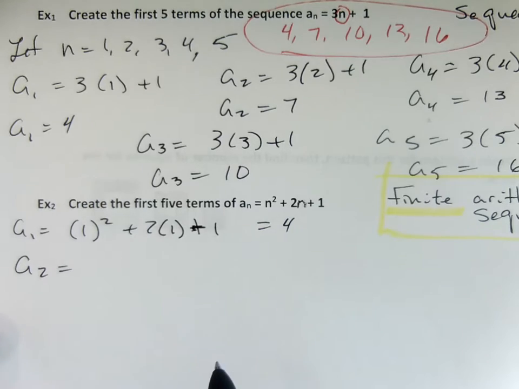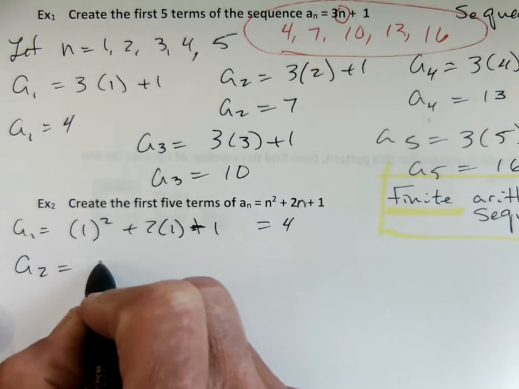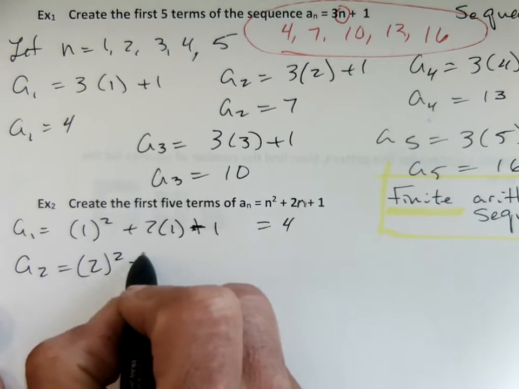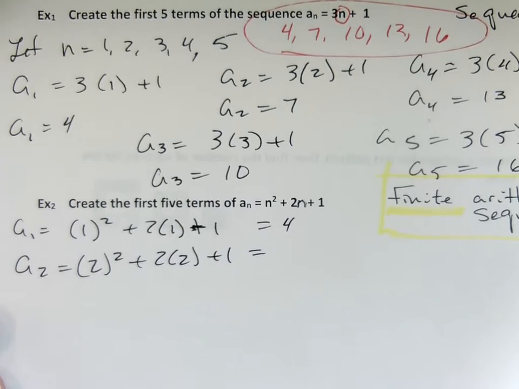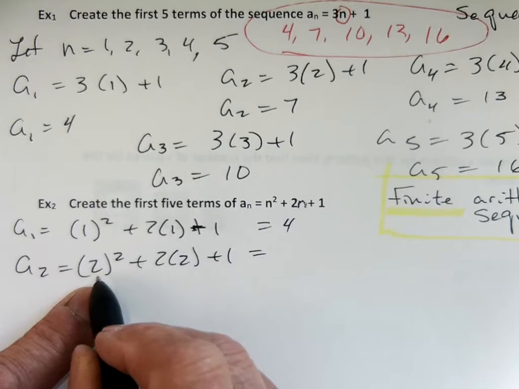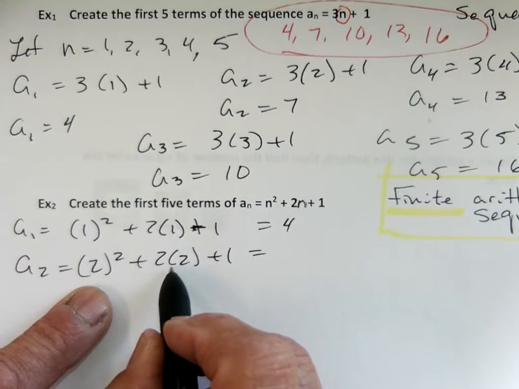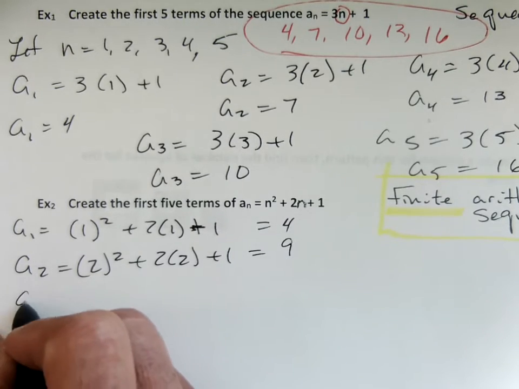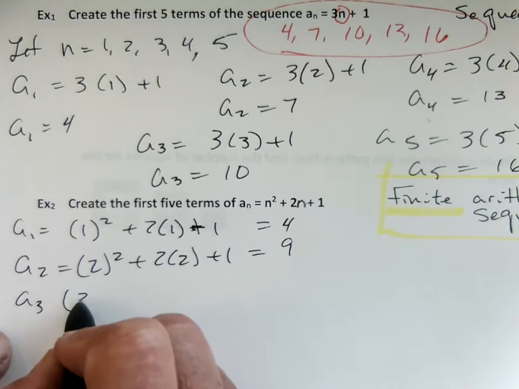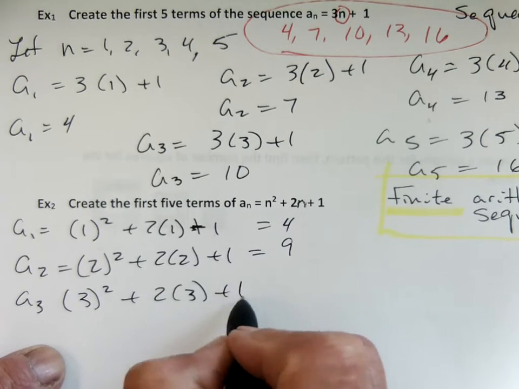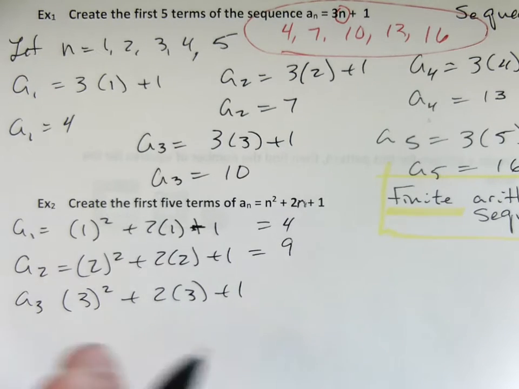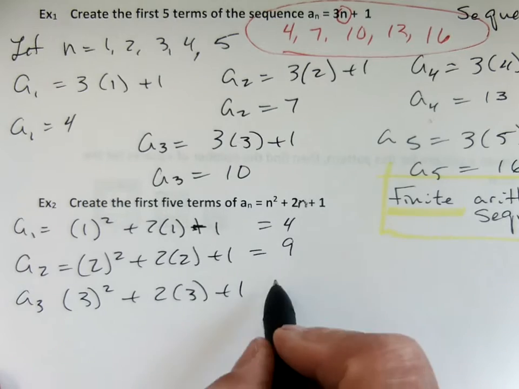A2 is going to be 2 squared plus 2 times 2 plus 1, which makes, let's see, 4, 4 makes 8, 9, right? A3, which is going to be 3 squared plus 2 times 3 plus 1. Let's see, that's 9 plus 6 is 15. Is that right? 15 plus 1 is 16.